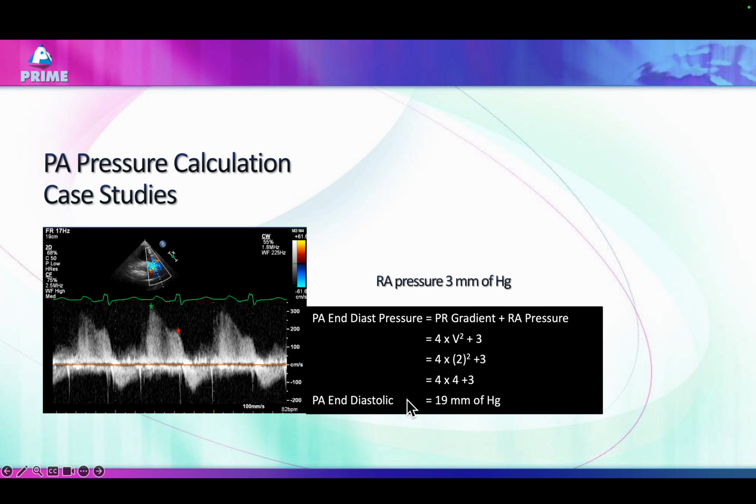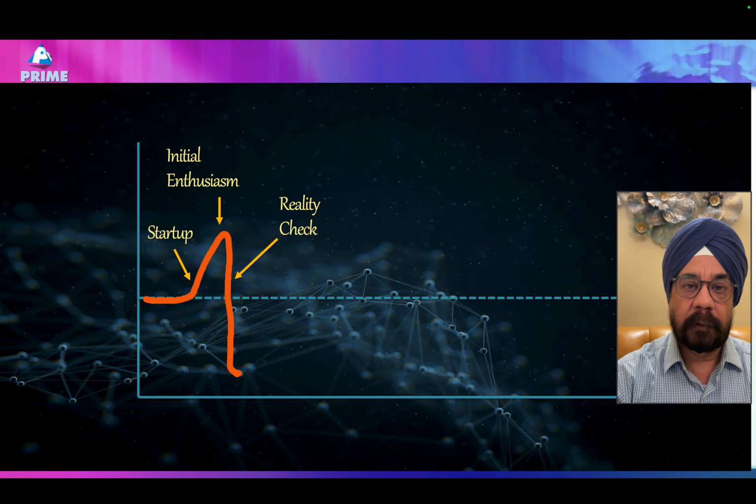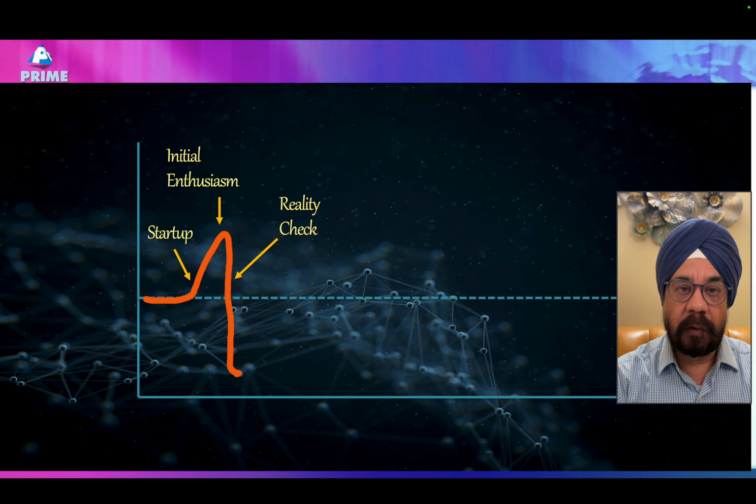So you now have understood how to calculate PA systolic and diastolic pressures. This makes all of us very happy, and this has been taught for about a couple of decades.